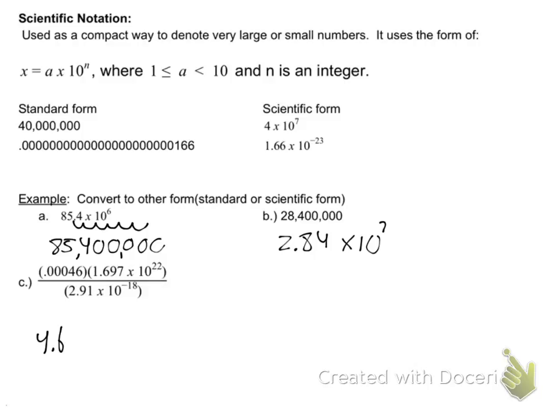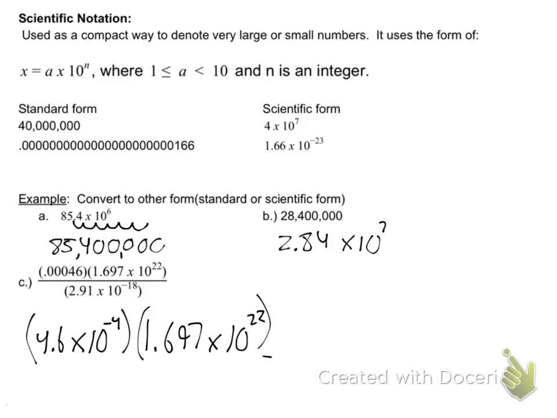So 4.6 times 10 to the what? -4. The second one actually already is right, correct? And, oh, that one's also nice. Okay.